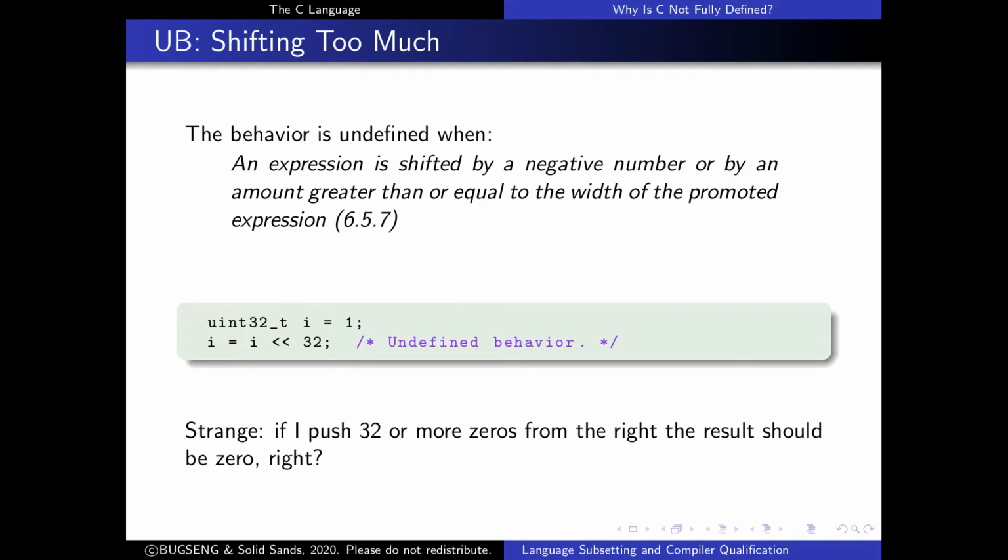The spirit of C is not the one of inserting extra code. So if the shift count could be negative, the compiler would have to insert instructions to check the sign of the shift count. If the shift count is negative, then it would have to do something.